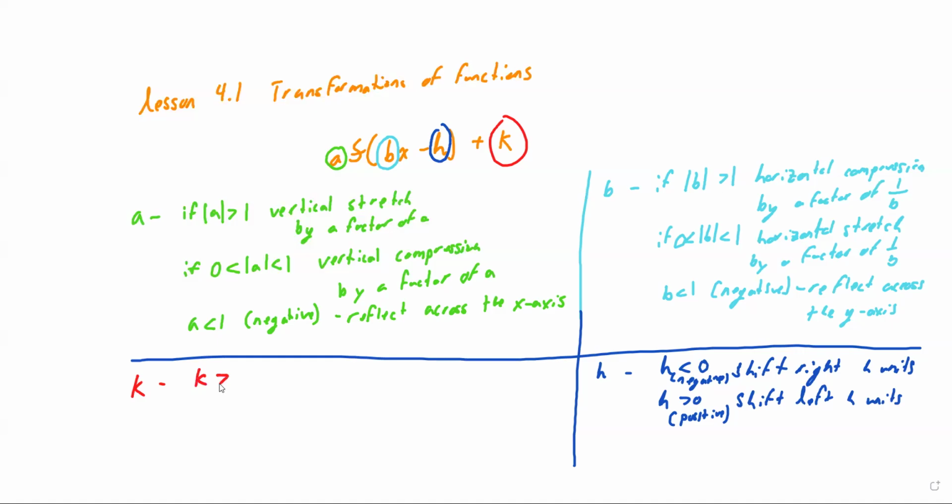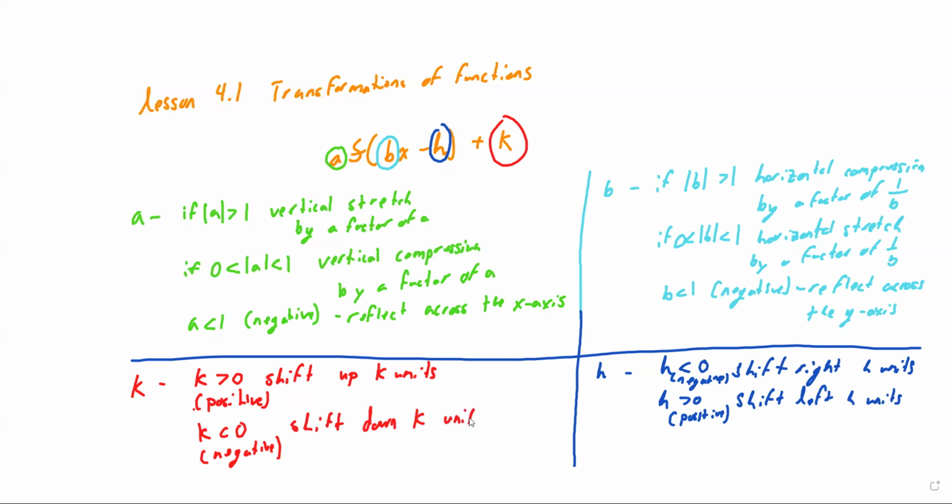If K is greater than 0, meaning positive, it will shift up K units. And if K is less than 0, meaning negative, it will shift down K units. Now, again, this right here works for every single function.